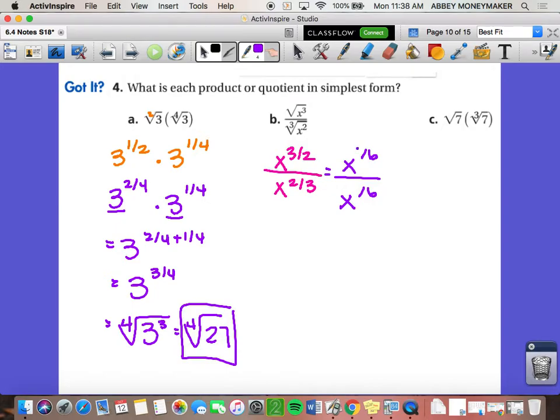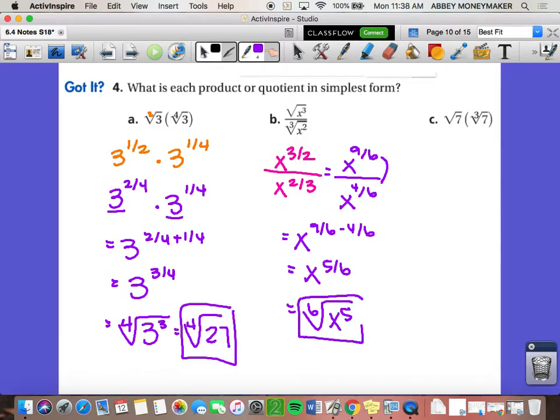So that means I would have 9 over 6, and then that's all over 4 over 6. And since I'm dividing, I subtract the exponents. So I would have x to the 9/6 minus 4/6, which gives me x to the 5/6, which gets rewritten as the 6th root of x to the 5th. 6 cannot go into 5, so that is simplified.